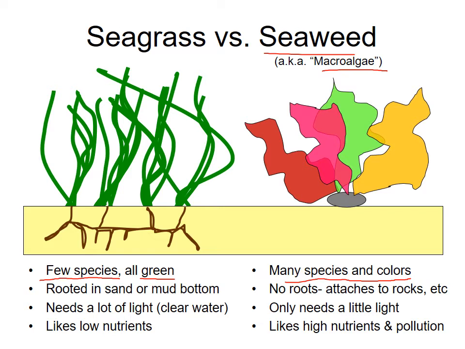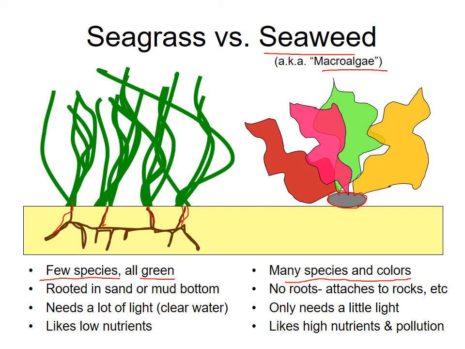And seaweeds don't have roots, or at least not true roots. There are some seaweeds that have root-like structures to help them attach in sandy bottoms, but most seaweeds need to have some kind of solid rock, or shell or other hard surface to attach to, whereas the seagrasses have true roots that go down in the sediment, and seagrasses kind of have an advantage in sandy or muddy habitats where it's hard for most species of algae to stay attached.